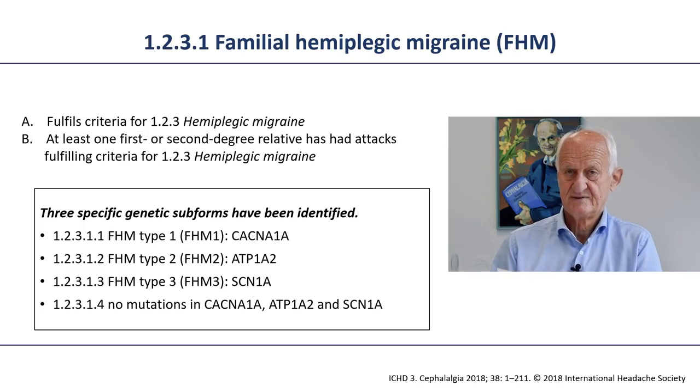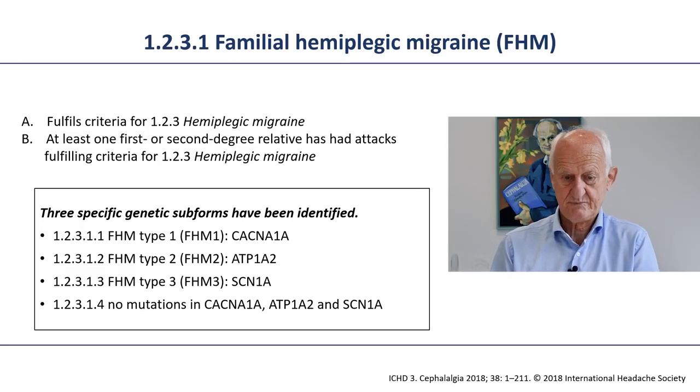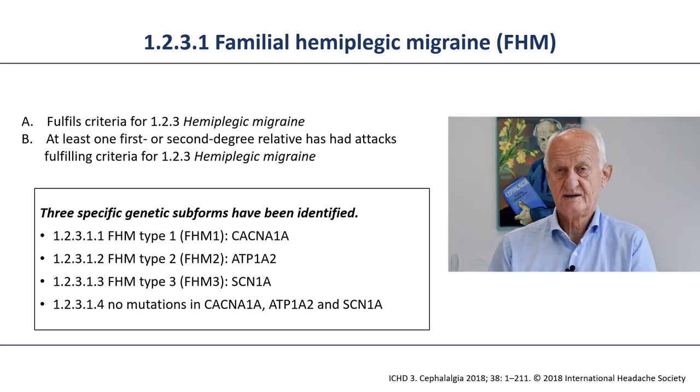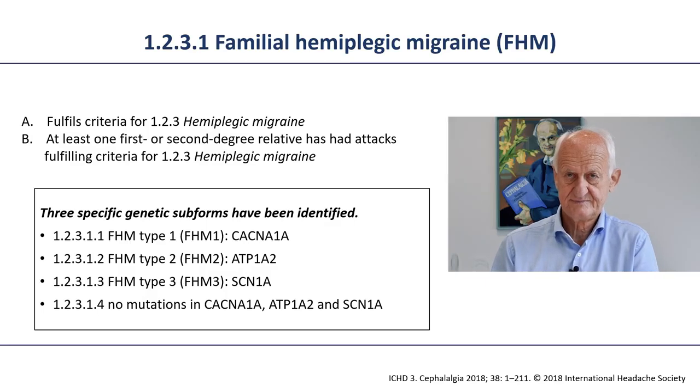So we have familial hemiplegic migraine type 1, 2, and 3 with known genetic abnormality. And then we have the ones where there is no known genetic abnormality. To be familial means that there is at least one first or second degree relative who also has hemiplegic migraine.